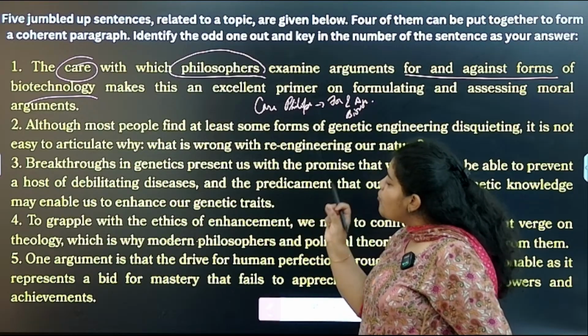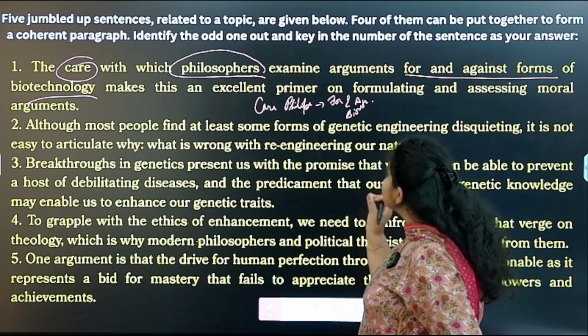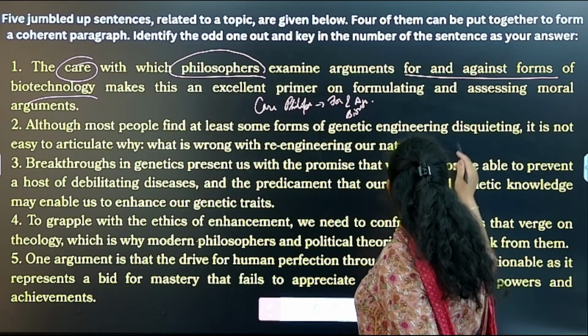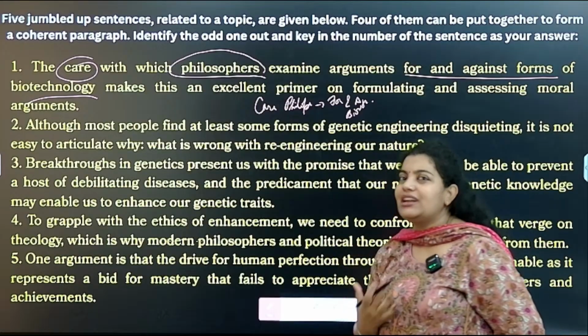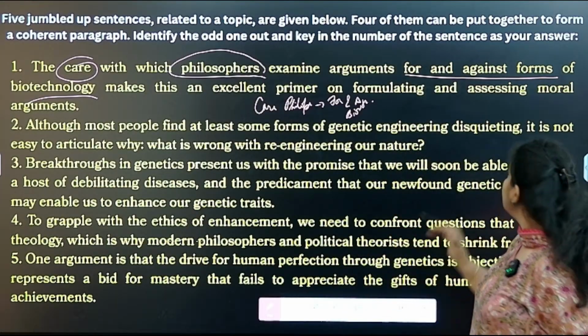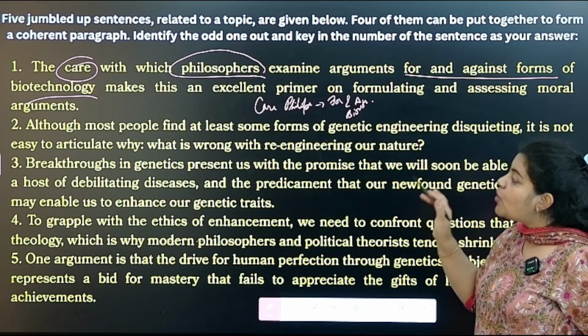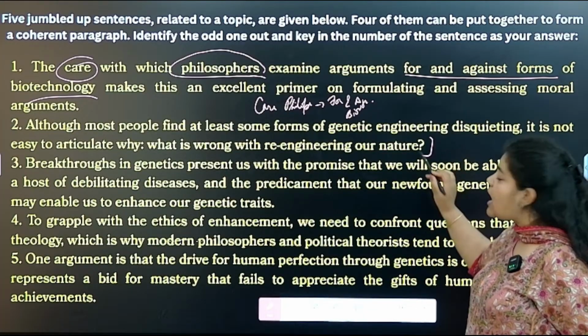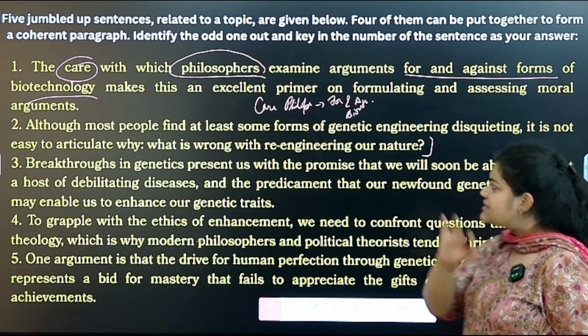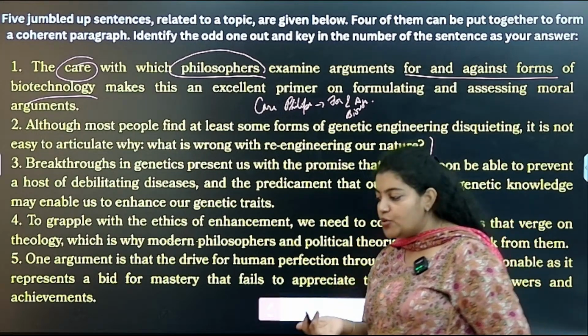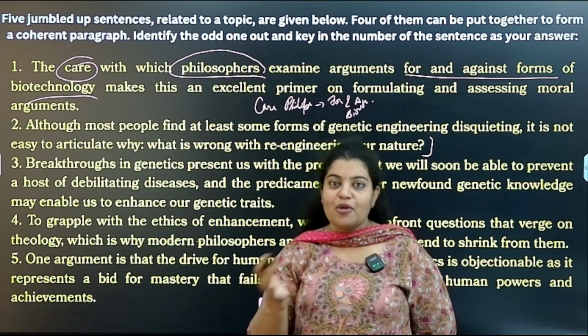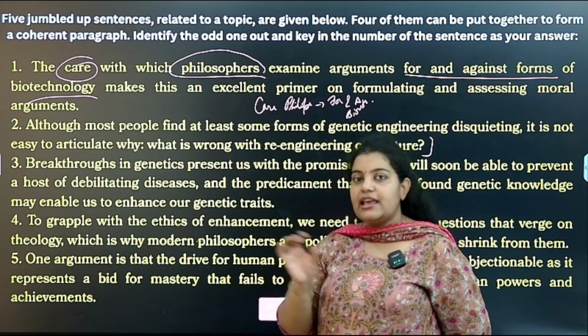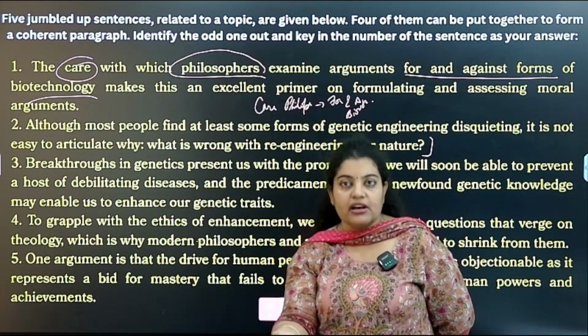Now, although most people find at least some form of genetic engineering disquieting. Disquieting is something we are not really happy with, right? It is not easy to articulate why, what is wrong with re-engineering our nature, okay? Now, this is completely getting into a different tangent. We don't know, right? The first sentence was talking about philosophers and they are examining the arguments with care, right?